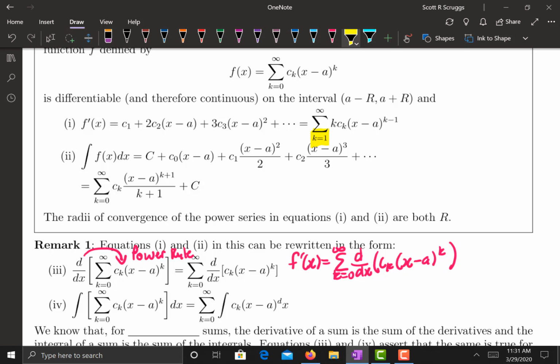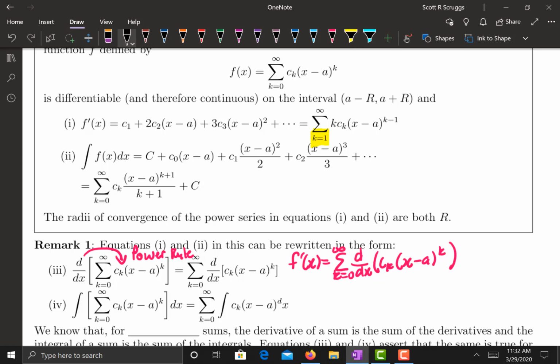All right, and so with that terminology, when I take the integral, doing it term by term, I'm essentially just doing the power rule for each individual term, which is why now I have c_k times (x minus a) to the k plus 1 power over k plus 1, plus my constant.